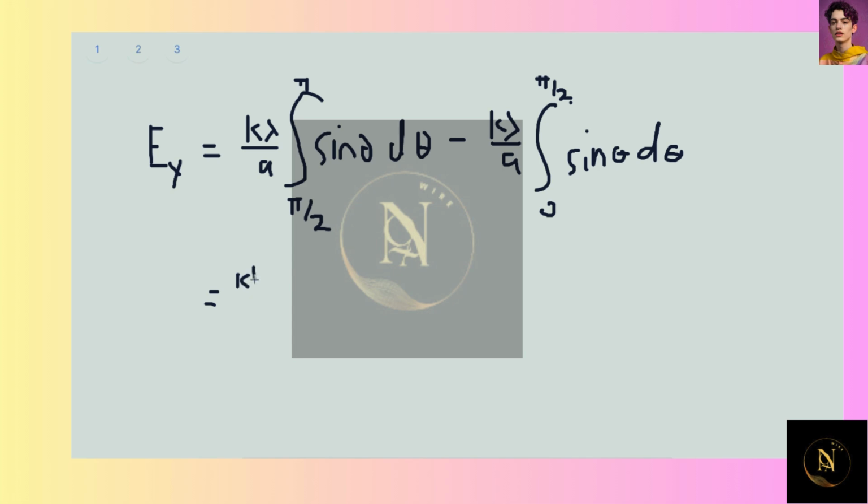So let's begin writing here, k lambda over a, just pull that out. So this is actually going to be minus cosine theta evaluated at these bounds, pi over 2 and pi, minus another minus cosine, right?